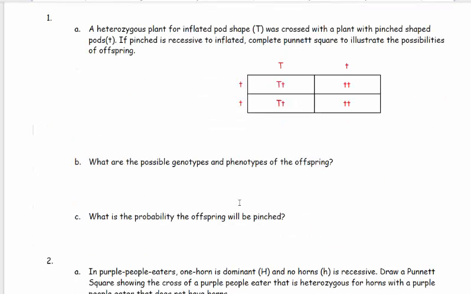So as we scroll down, we see that there are more parts to question number 1. The second part is, what are the possible genotypes and phenotypes of the offspring? Now this involves some more vocabulary as well. Genotype, for instance, refers to the two-letter combination that we see in the offspring. So the offspring are the children again.